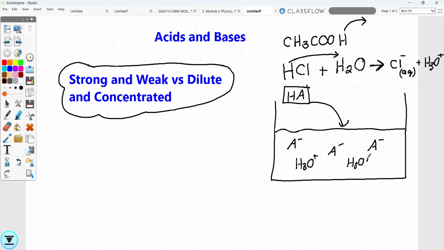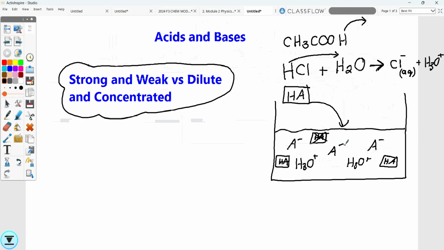You're going to have nothing that is still HA. But if it is weak, you're going to have some of those that are split up, but in here you're going to have a lot of them that are still HA.